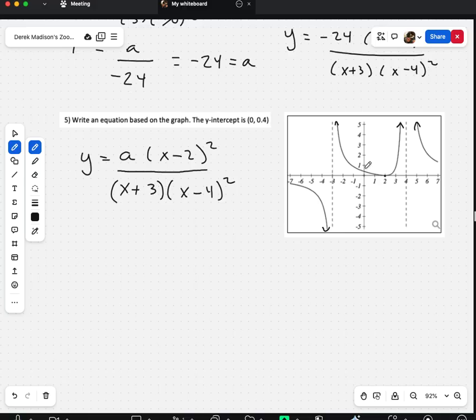And then, let's see. Oh, for this one we're told right here in the directions. Remember, it took me a while to find that. The y-intercept is at 0.4. So we'll have 0.4 equals a. And then negative 2 times negative 2 is going to make a 4 right there. And then 3 times negative 4 times negative 4 will make 16.